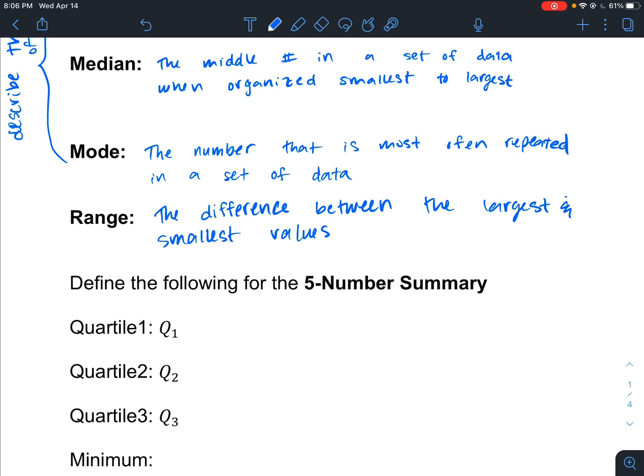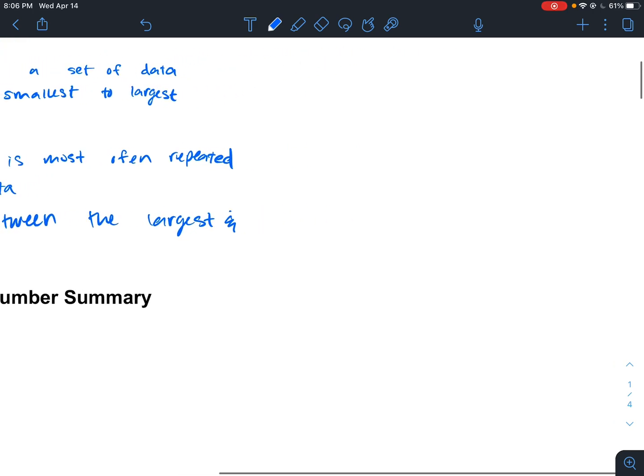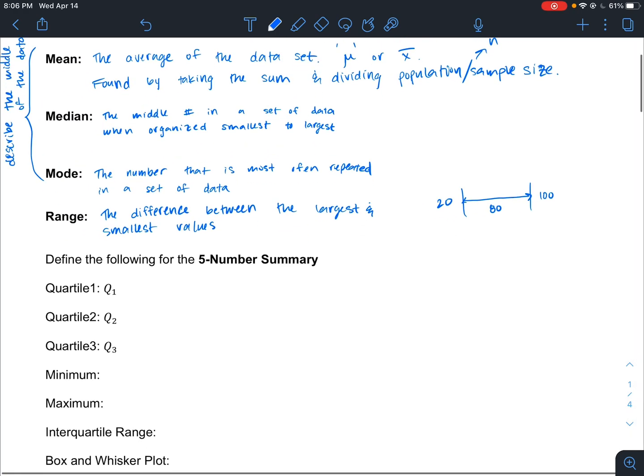Say we have test scores: if the lowest test score out of 100 was 20, and the highest test score was 100, the range would be 80, because the range from 20 to 100 is 80.